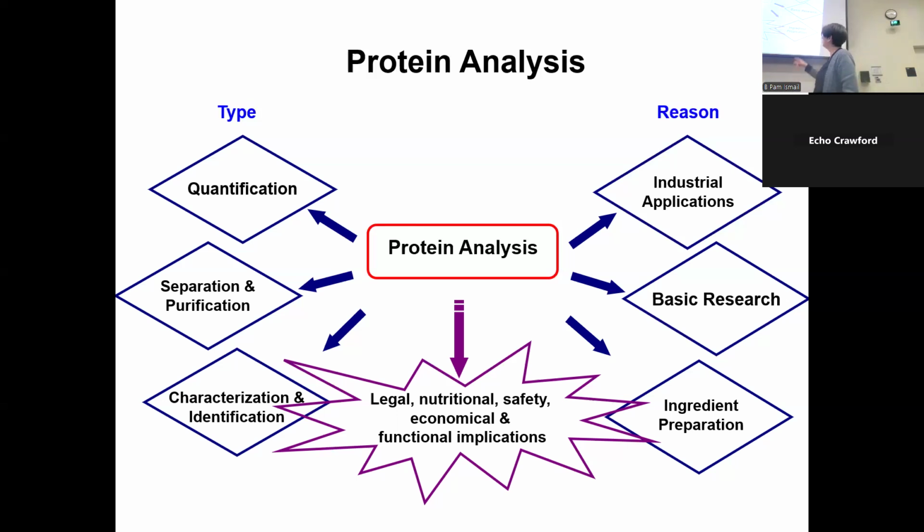Yeah, and functional implications, meaning whatever method I'm using might impact my characterization. Even during my characterization, I might induce denaturation that doesn't happen while processing, so my results will be wrong. If my assays or methods change the characteristic of a protein, my conclusion will be wrong.